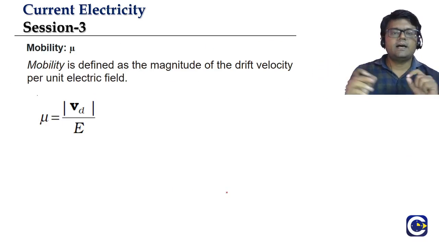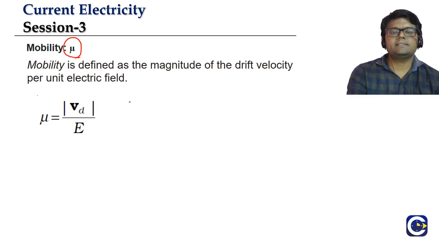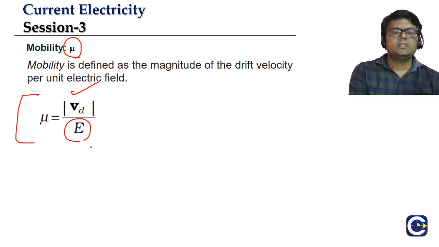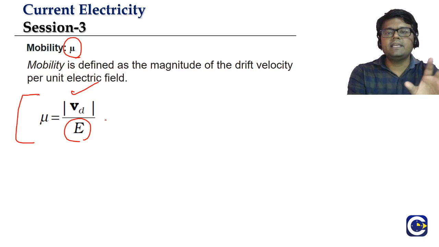Now the other property regarding this microanalysis is the term called mobility. Mobility is indicated with the symbol mu, and is defined as the drift velocity magnitude divided by the applied electric field value. So mobility indicates, for these charge carriers, the ease of movement.